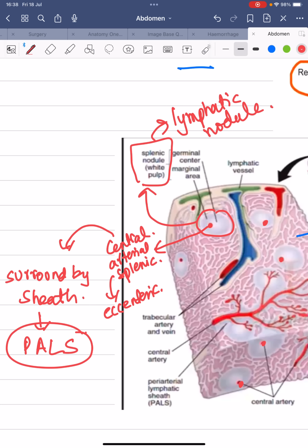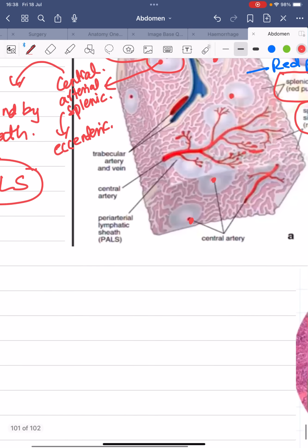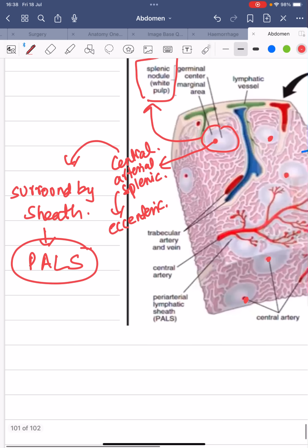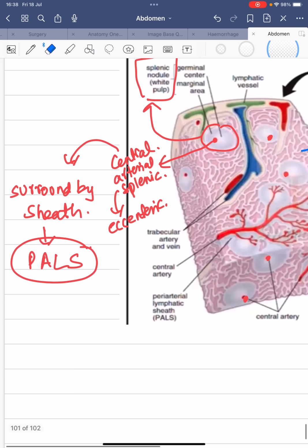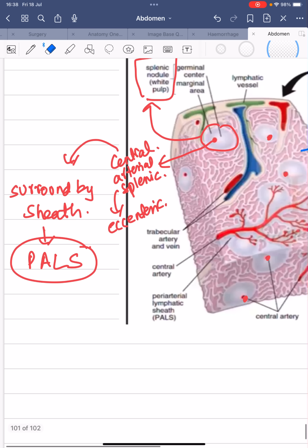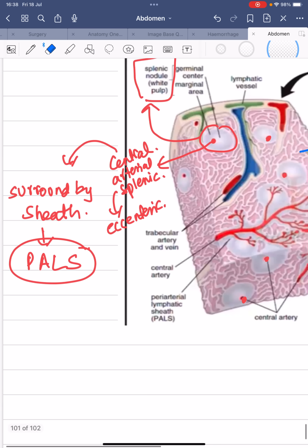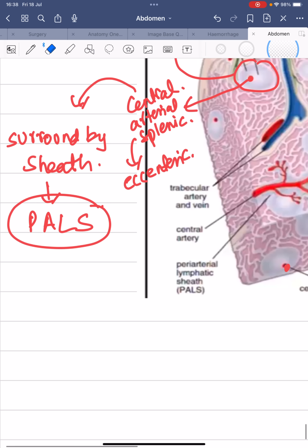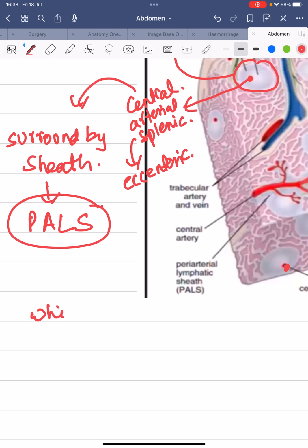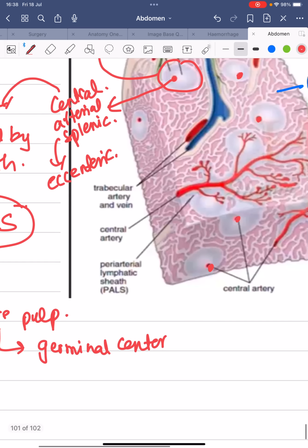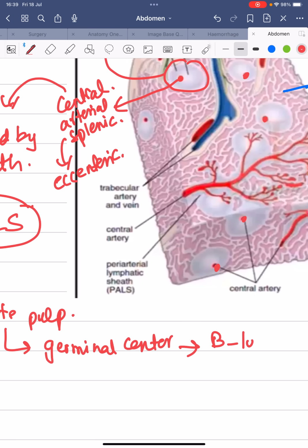Now see here, a very important point in relation to these lymphatic nodules, which you must remember. This white pulp has a central part known as the germinal center, and this germinal center contains B lymphocytes.